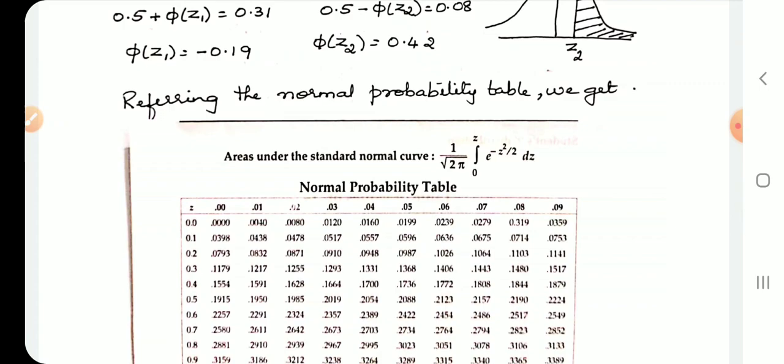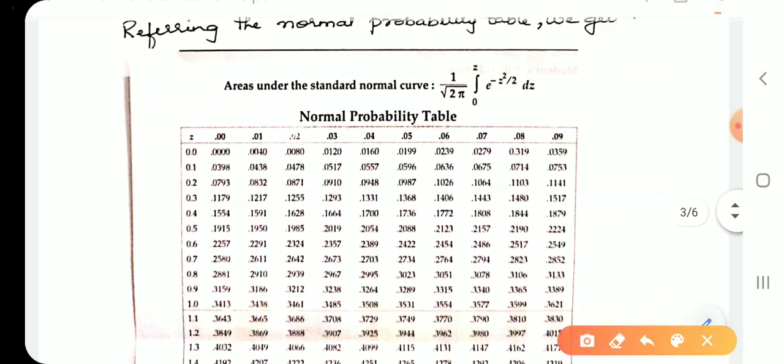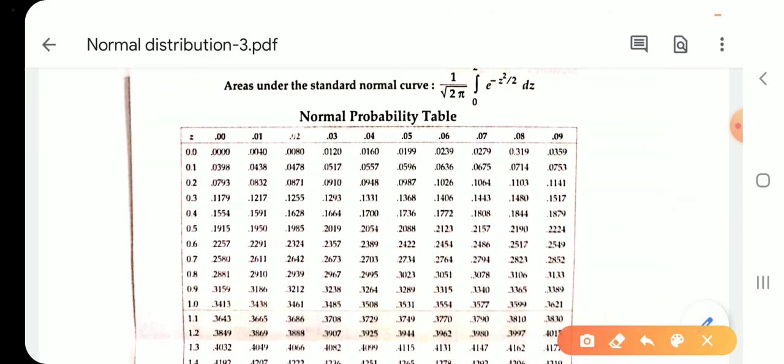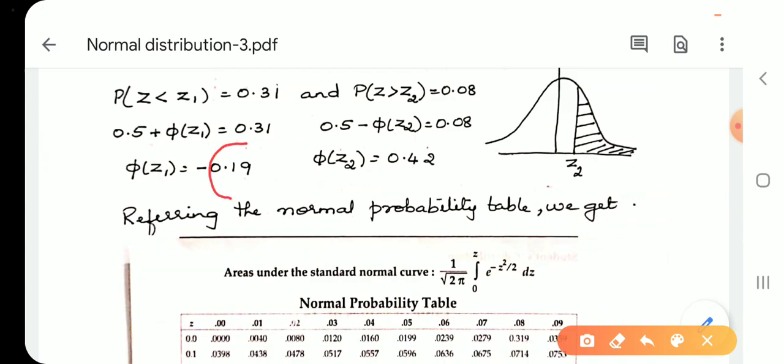See, here we have to find the value of Z. So let us find the phi of Z. The minus we will keep outside as it is. We want 0.19 and 0.42.